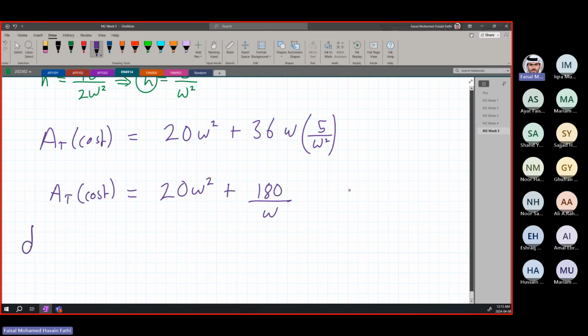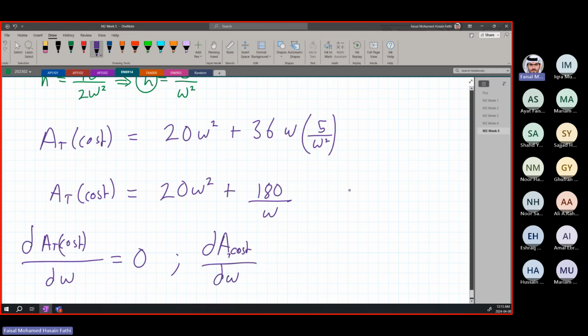Now, what do we want? We want d of total cost by dW to be equal to 0. In other words, d total cost over dW, which is equal to, let's differentiate.